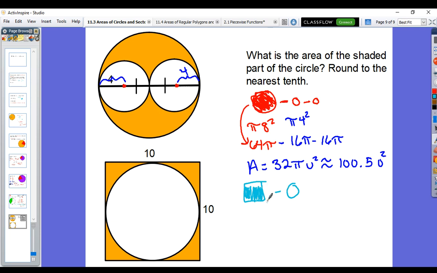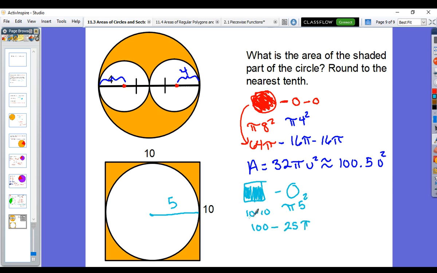A square is side times side, as we learned 2 lessons ago. So it's 10 times 10. We end up getting 100. The circle is pi r squared. Since the distance across the entire circle is 10, we can take the radius to be 5. So we're going to do pi 5 squared, giving us 25 pi.